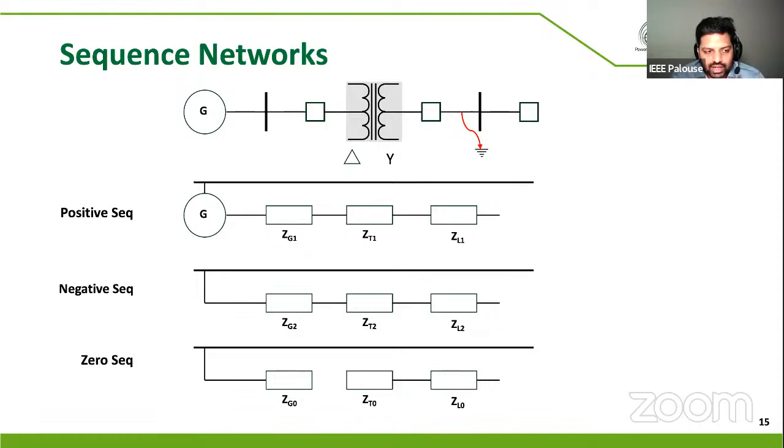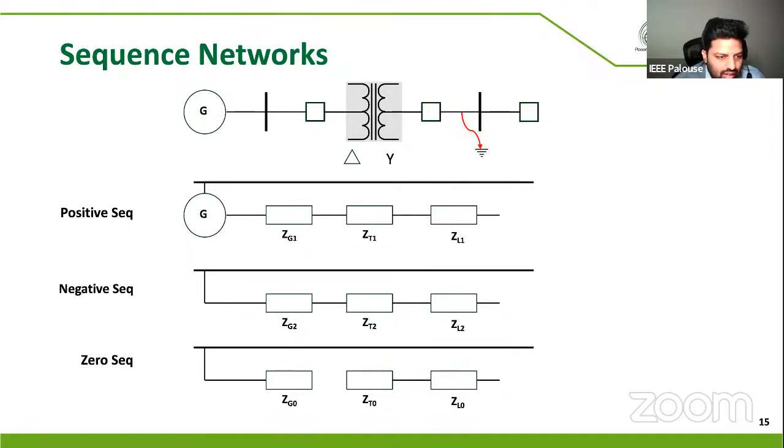If we write the equivalent network for this example system, we have a generation source with a source or generator impedance Z1 in the positive sequence, a transformer positive sequence impedance ZT1, and the line impedance ZL1.